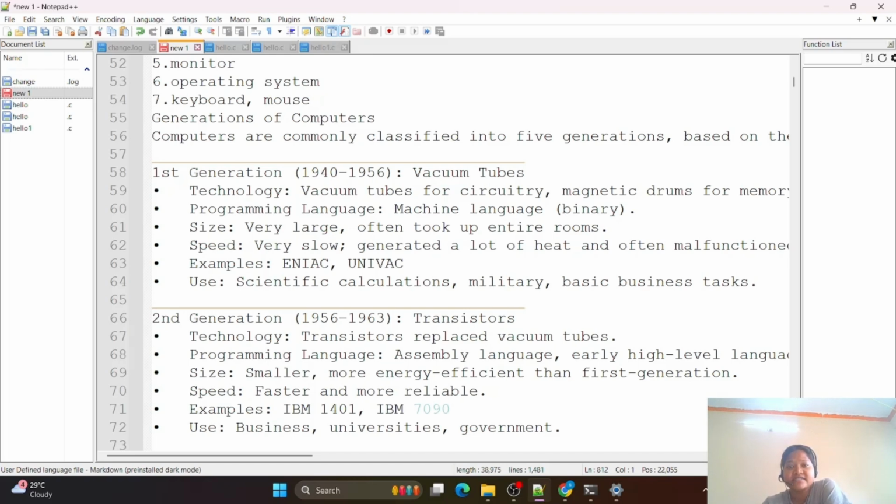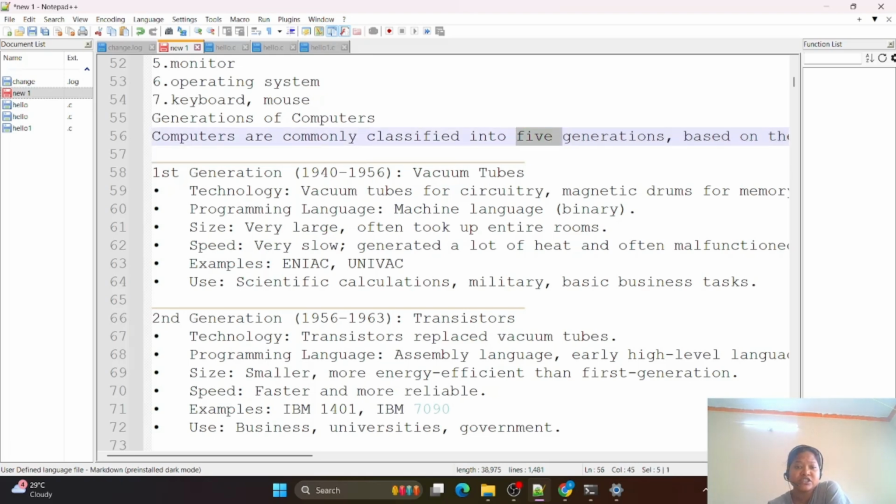Some changes are going on in the background, and it's giving huge, drastic changes towards the development we are moving, isn't it? The computer that was available during my grandfather's time is totally different from today's generation, isn't it? So on the basis of that, computers are commonly classified into five generations.